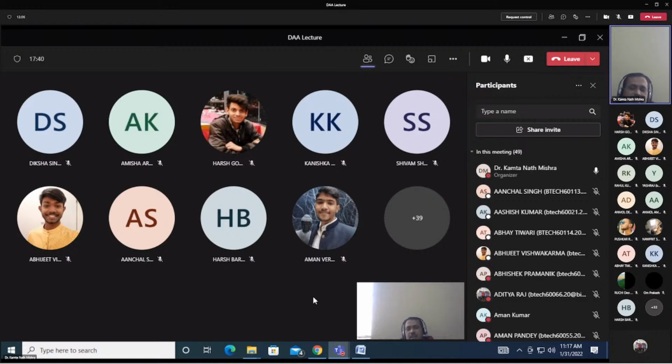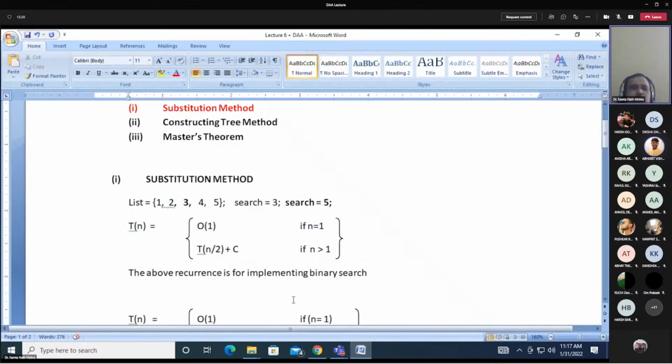When you say T(n) = T(n/2) + C, you are talking about dividing a problem into how many subproblems? This is why we have written T(n) = T(n/2) + C.